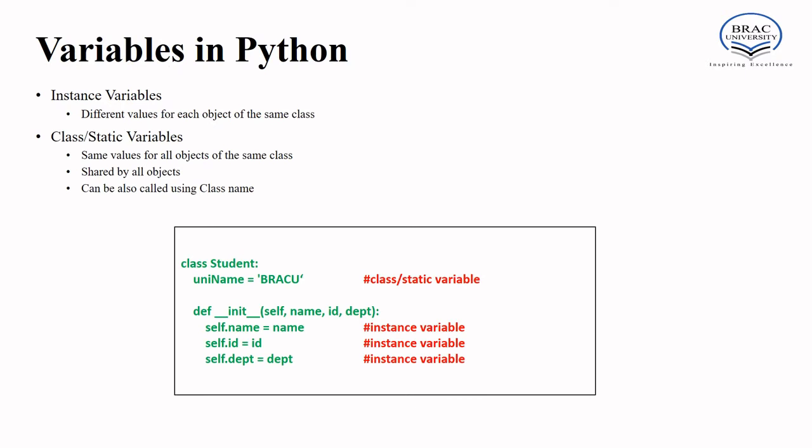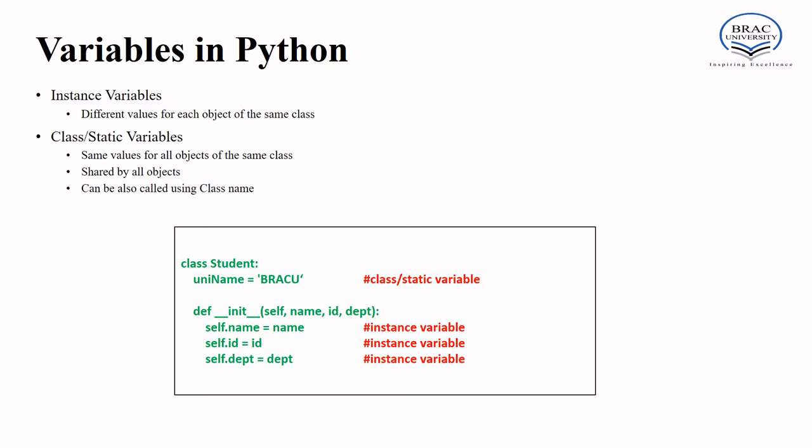For understanding static variables, we must first understand there are two types of variables that we can define in our classes. One is instance variables and another is called static variables. Instance variables are those variables that are defined inside the method, or we can say inside a constructor.